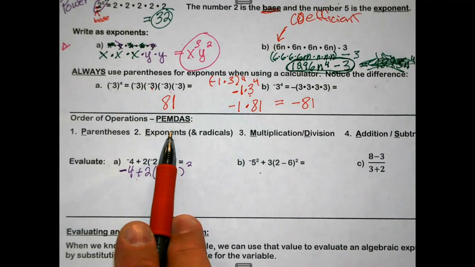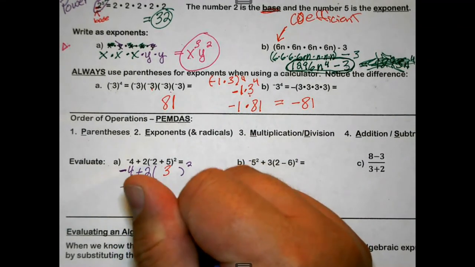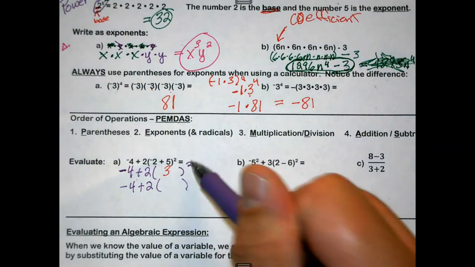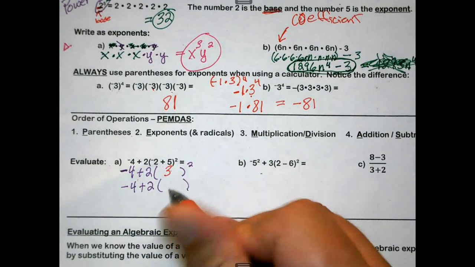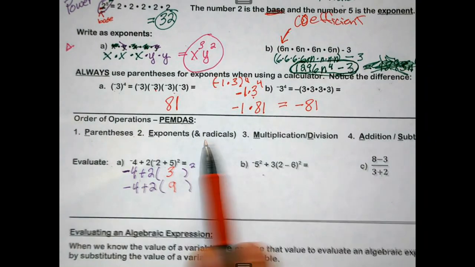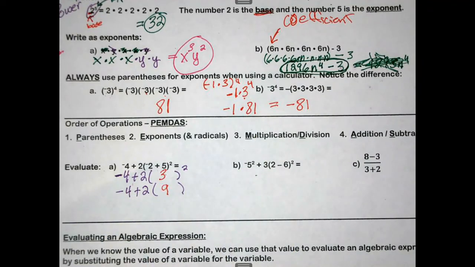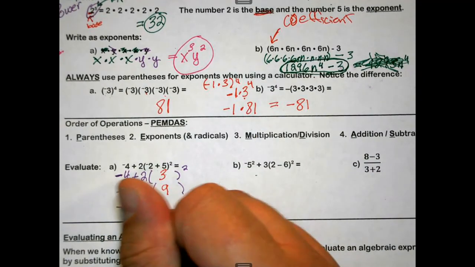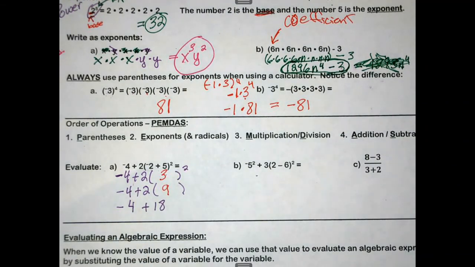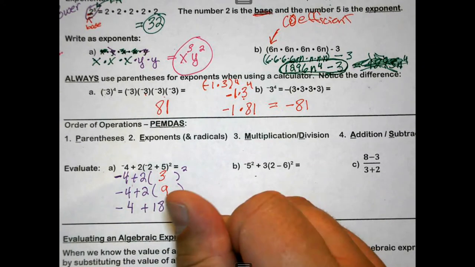Next is exponents or radicals. So I have negative 4 plus 2 times parentheses 3 squared, 9. Okay, done with exponents. Go to multiplication and division. I have 2 times 9, right? Negative 4 plus 18. Now addition and subtraction, 14.